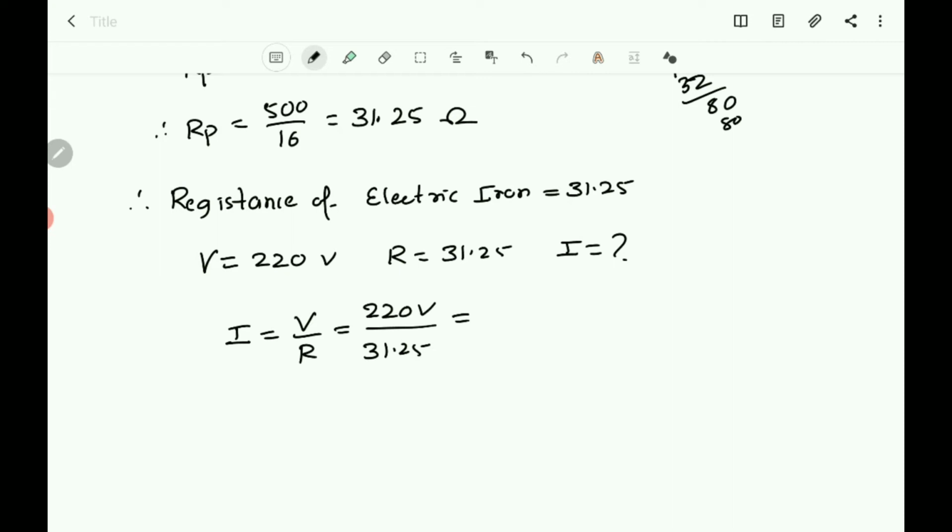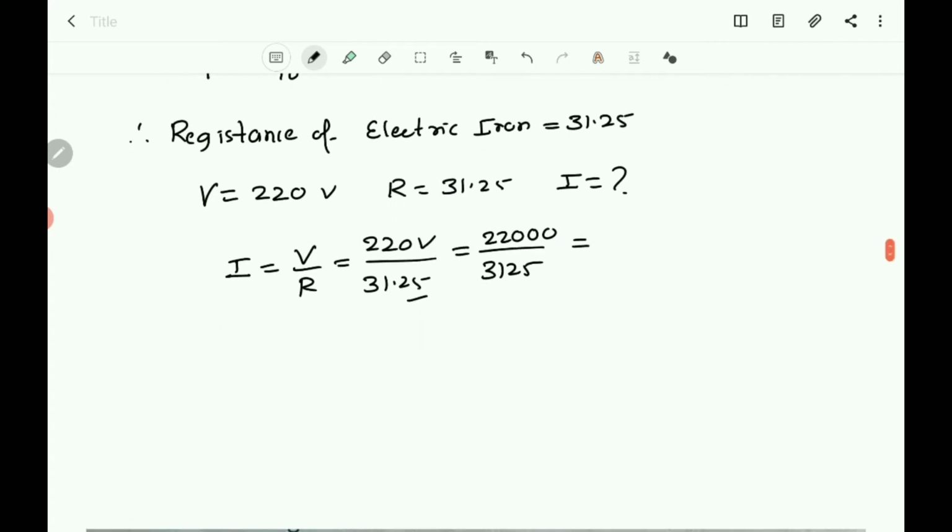So here remove the decimal point, that is 3125, and take extra 0s to 22000 here. Let us try to divide it.